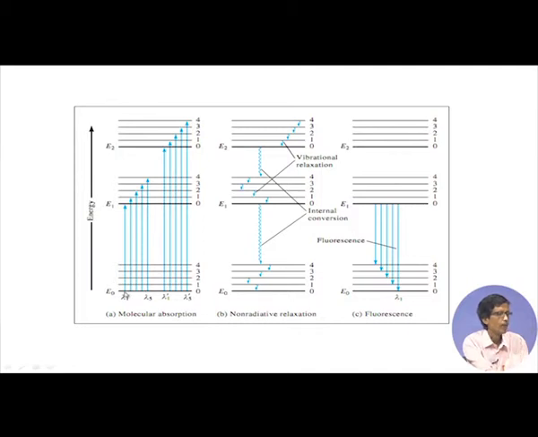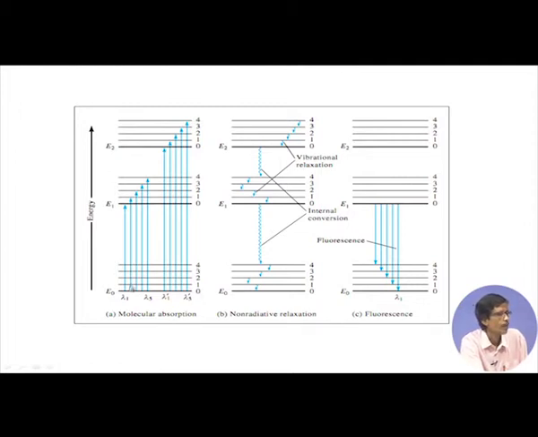Basically, one is lambda 1, another is lambda 2, another is lambda 3. These are nothing but the movement of the corresponding species from the V0 state of E0. On the right hand side is the V0, the lowest vibrational quantum level, then the first excited vibrational quantum level, then the second, third and fourth excited levels.